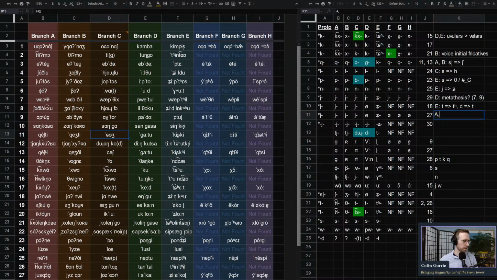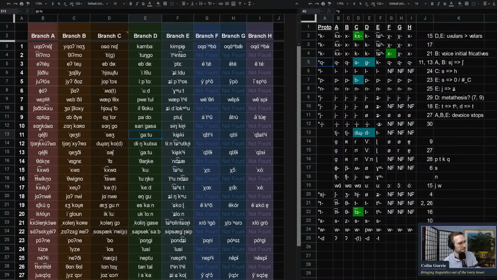So if we go A, B, and E, D voice stops, then we could hypothesize that this is actually either a velar or uvular G, or G. And then let's see, where does it back?